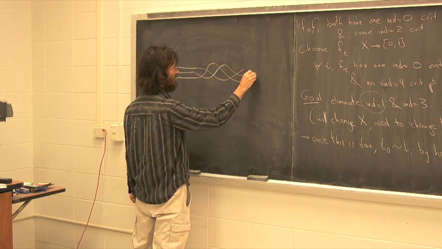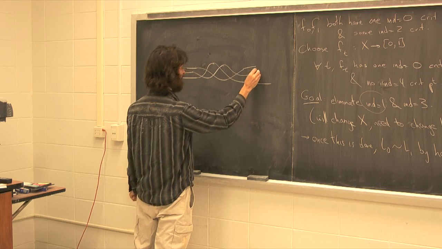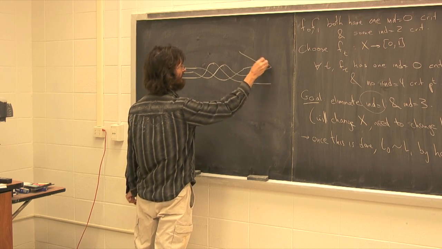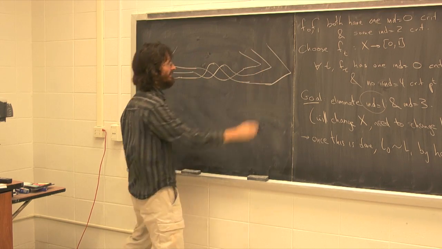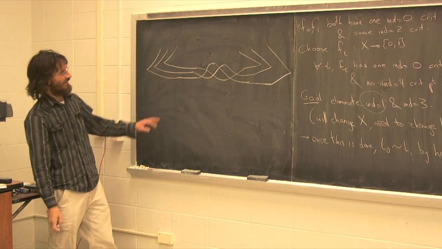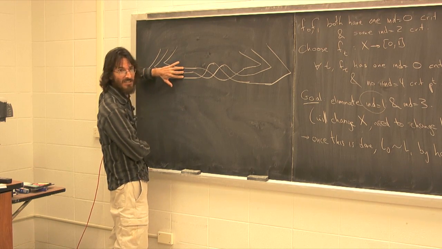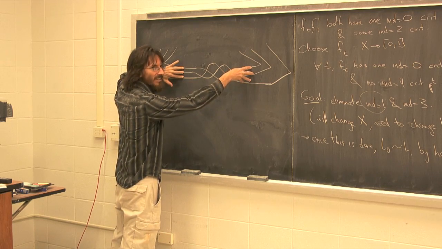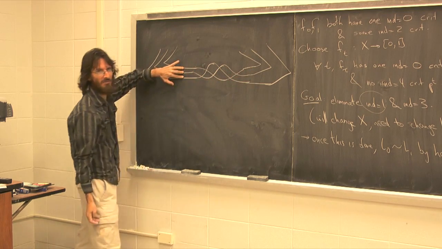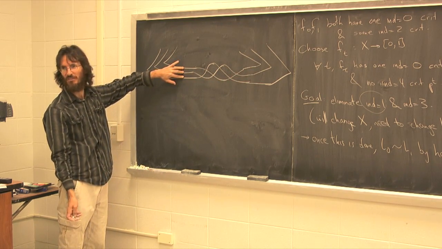It's also not obvious that there's a permutation from this set of 3 points to this set of 3 points, and it's not obvious that that's the identity permutation, but let's for the moment assume it is.